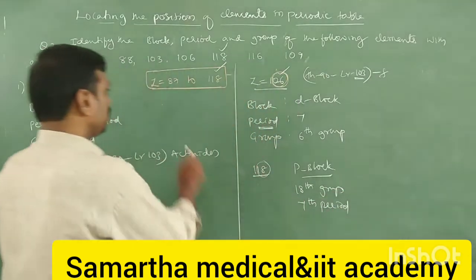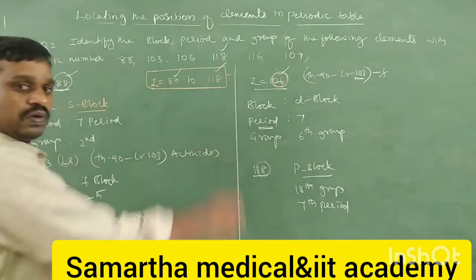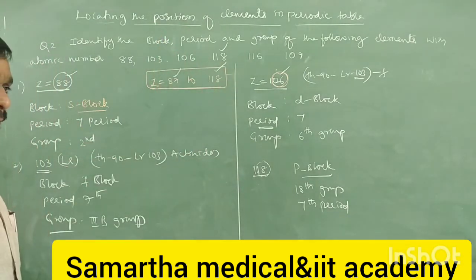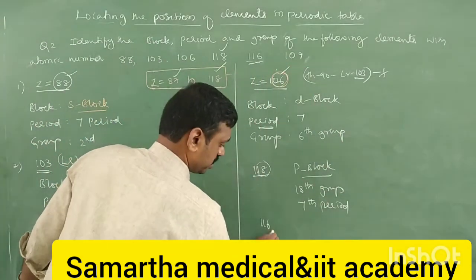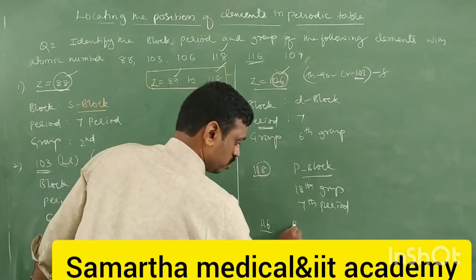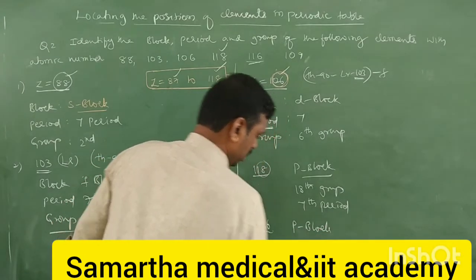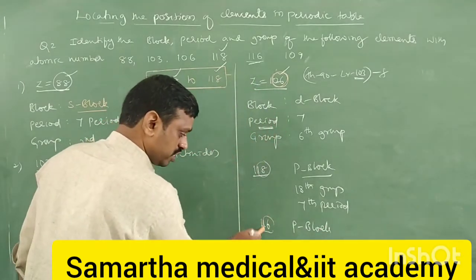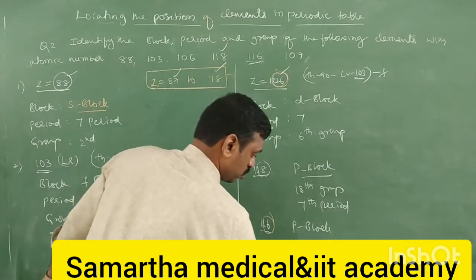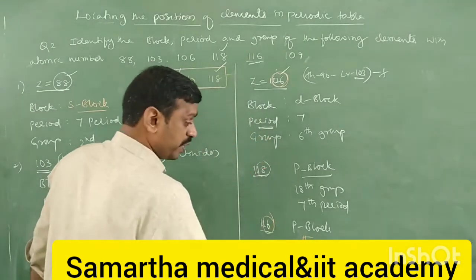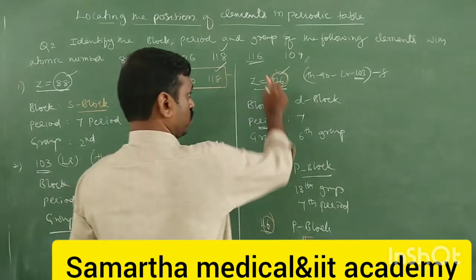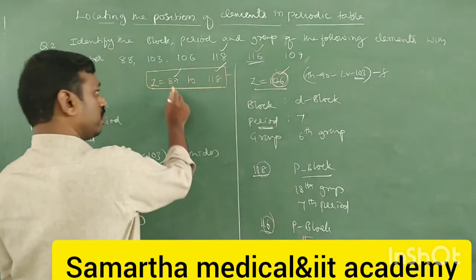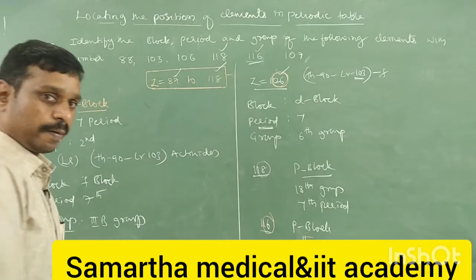The elements after 87 and above are all 7th period. Okay, like that 116, fast. Tell me 116. It is also P block. Why P block? 16th group. Next, which period? 7th period, because the atomic number 116 is after 87 only.